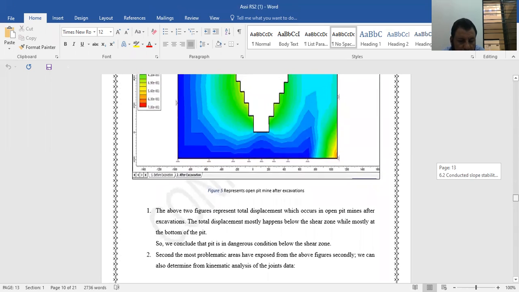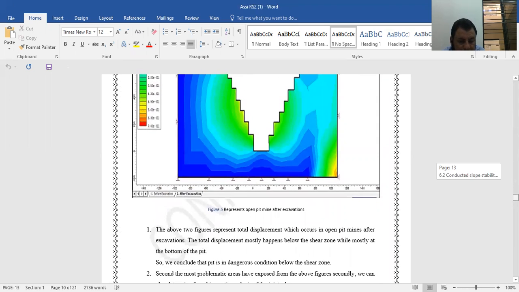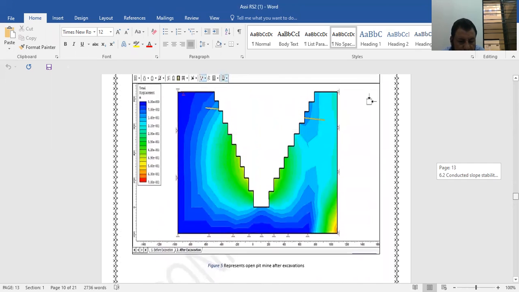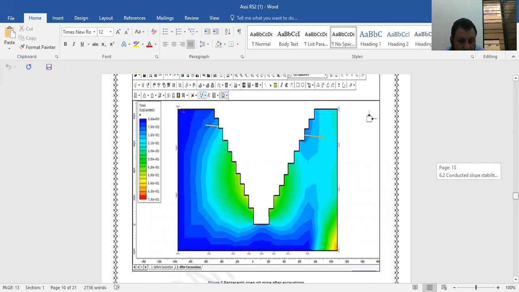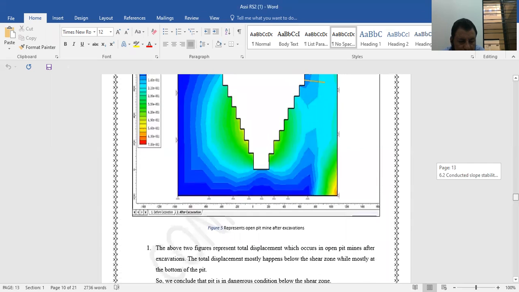Generally, an overall slope angle of 45 degrees is considered to be safe by the directorate general of mine safety. The steeper the slope and the higher its height, the lower the stability.